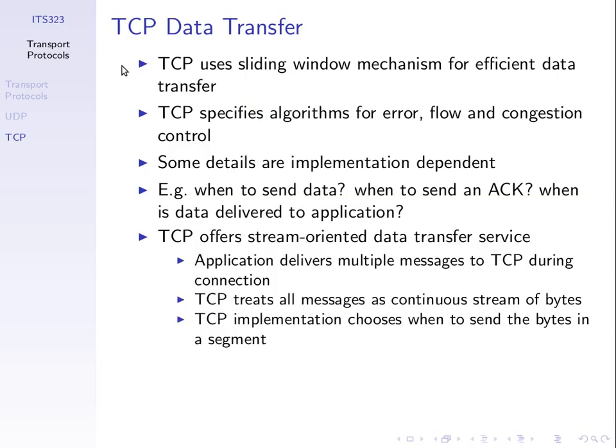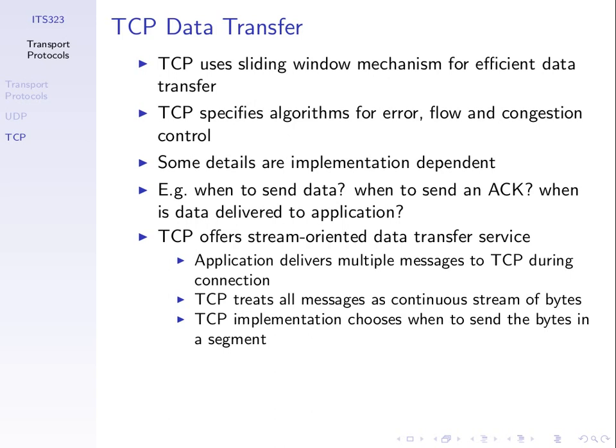So 6 slides here about how data transfer works in TCP. I think we've said this before, at least that TCP has mechanisms for flow control, congestion control, and reliability, which is error control, controlling what happens when we have errors. And it has separate algorithms for each of them, although some of them are related.